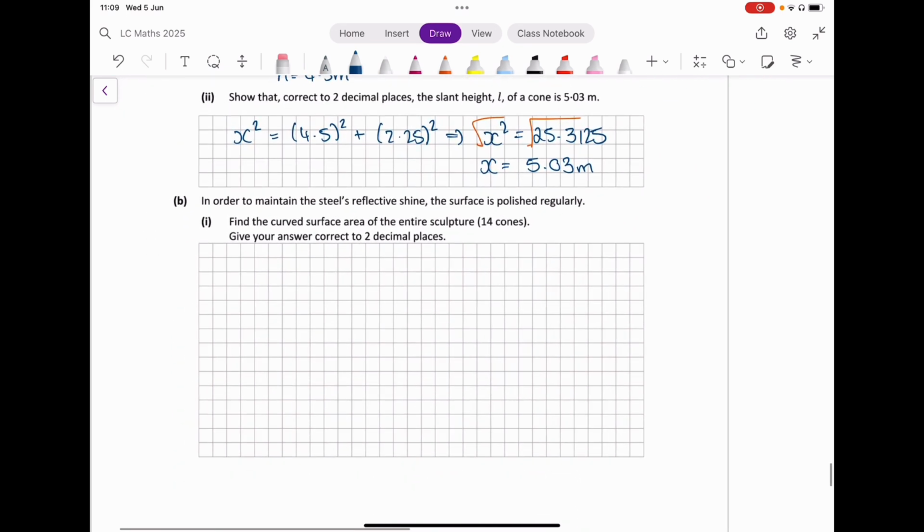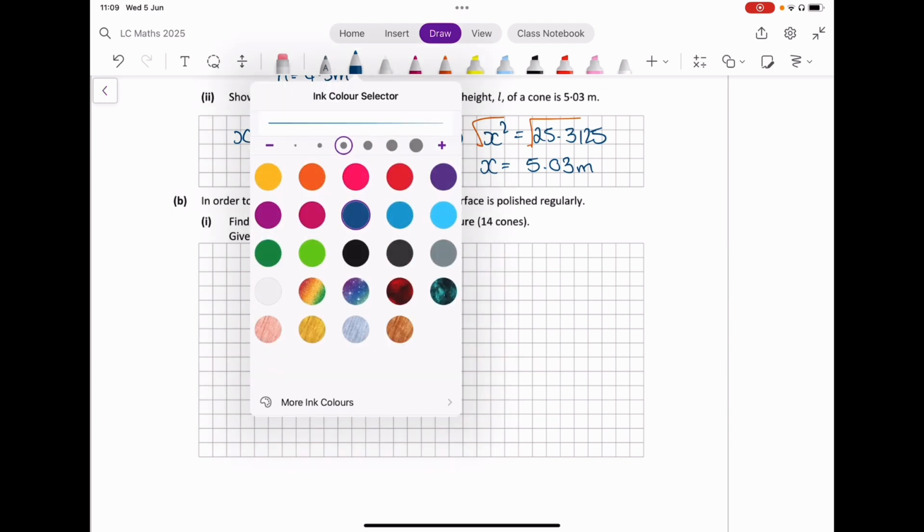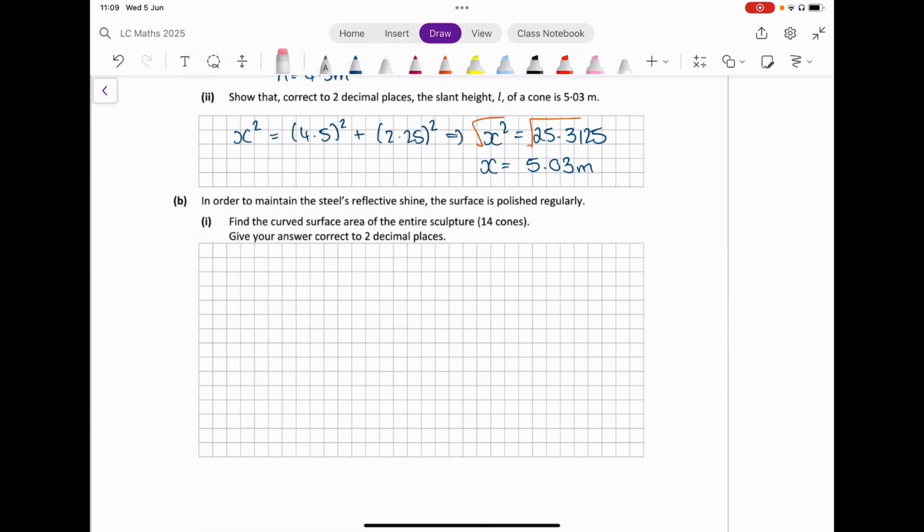So the next thing says, in order to maintain the steel's reflective shine, the surface is polished regularly. Find the curved surface area of the cones. So your curved surface area of a cone, from our log tables, is going to be equal to pi r L, where L is the slant height.